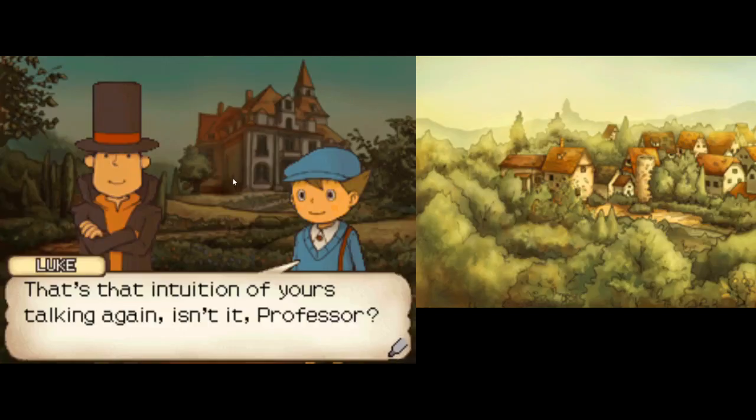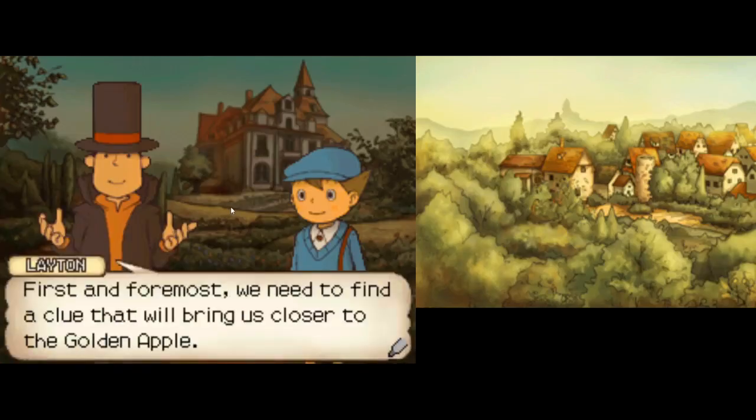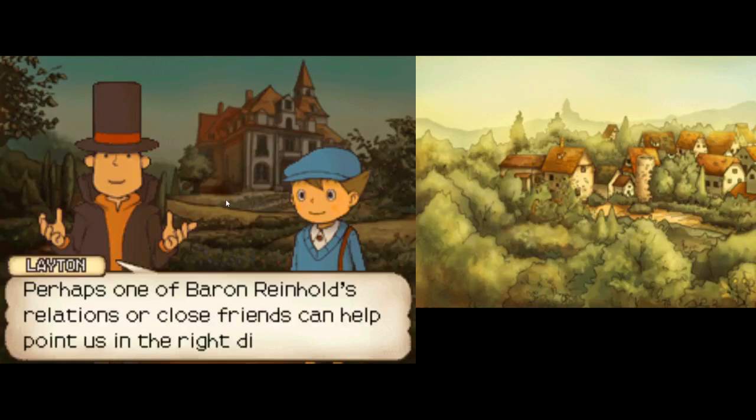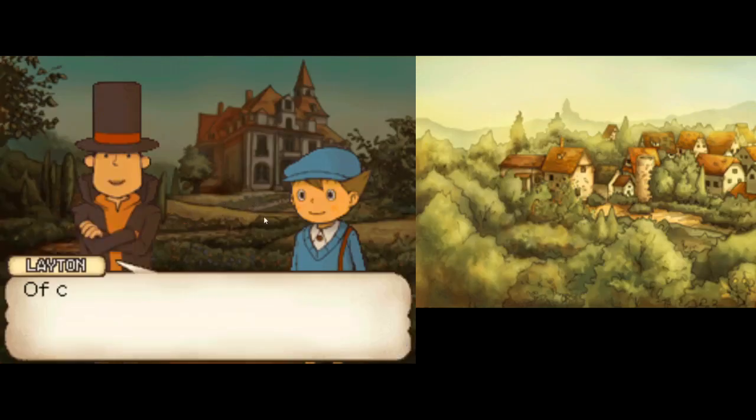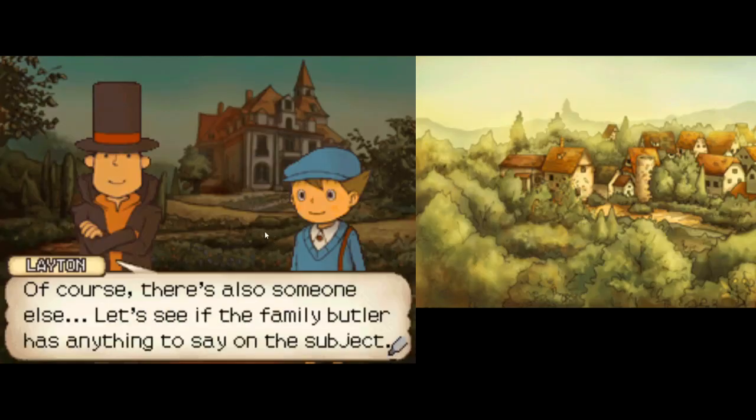That intuition of yours talking again, isn't it, Professor? First and foremost, we need to find a clue that would bring us closer to the Golden Apple. Perhaps one of Baron Reinhold's relations or close friends can help point us in the right direction. Of course, there's also someone else. Let's see if the family butler has anything to say on the subject.